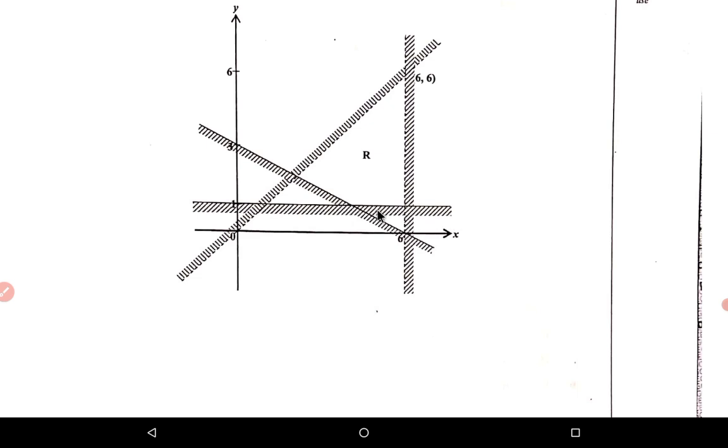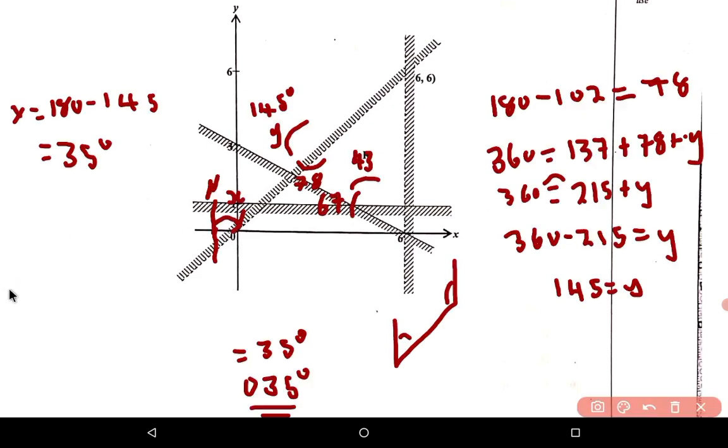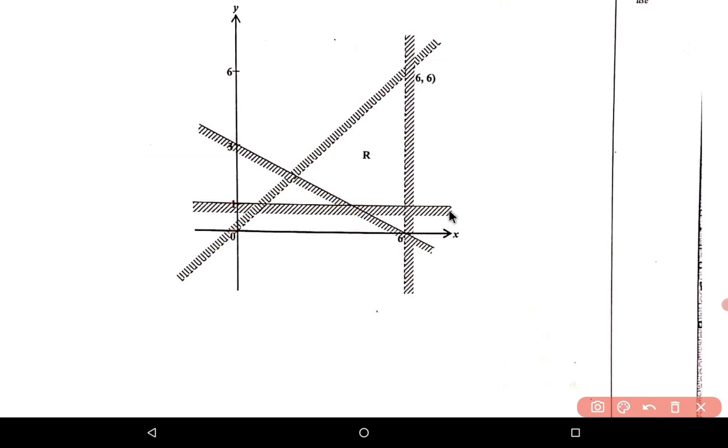So we start with this one. You can see this line is passing on 1 on the y-axis. So we call it y is equal to 1. But then we must use those inequality symbols. The line is bold, and they shaded here.